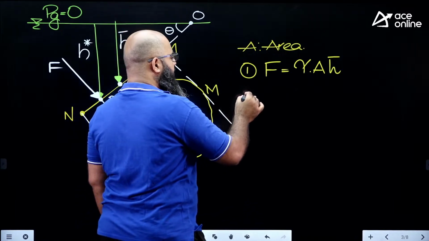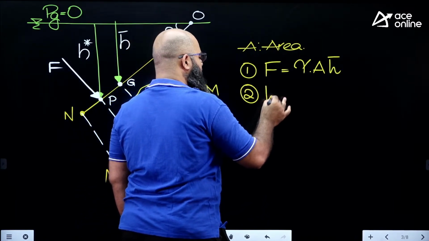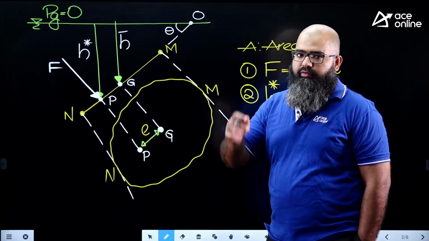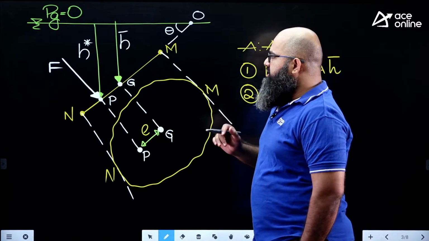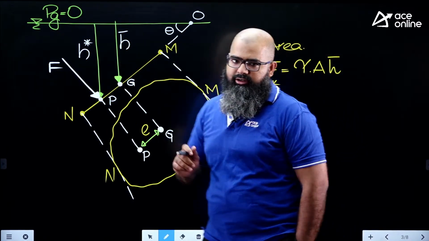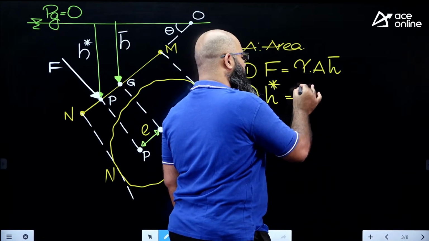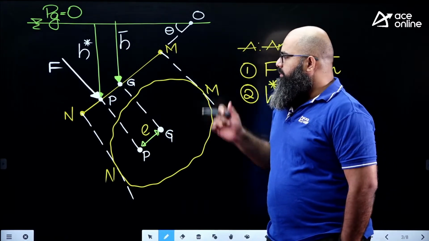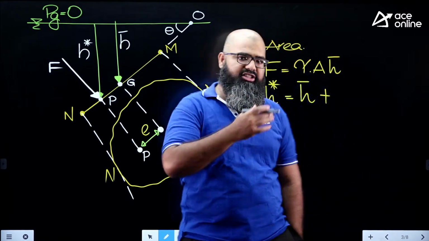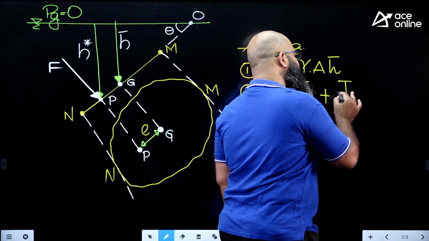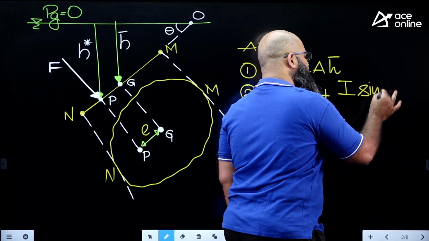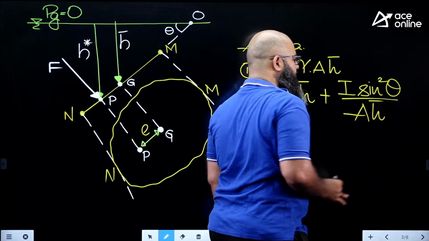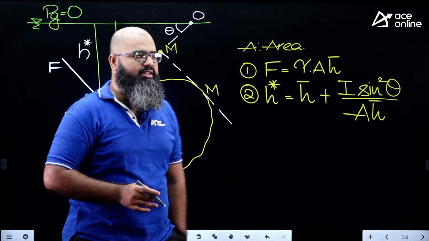The second formula we are having is the formula for H star. What is H star? H star is the vertical location of center of pressure from the interface. If you think logically, H star is greater than H bar. So I can write over here H star is equal to H bar plus some value. The additional value over here is I sine square theta upon area times h bar.